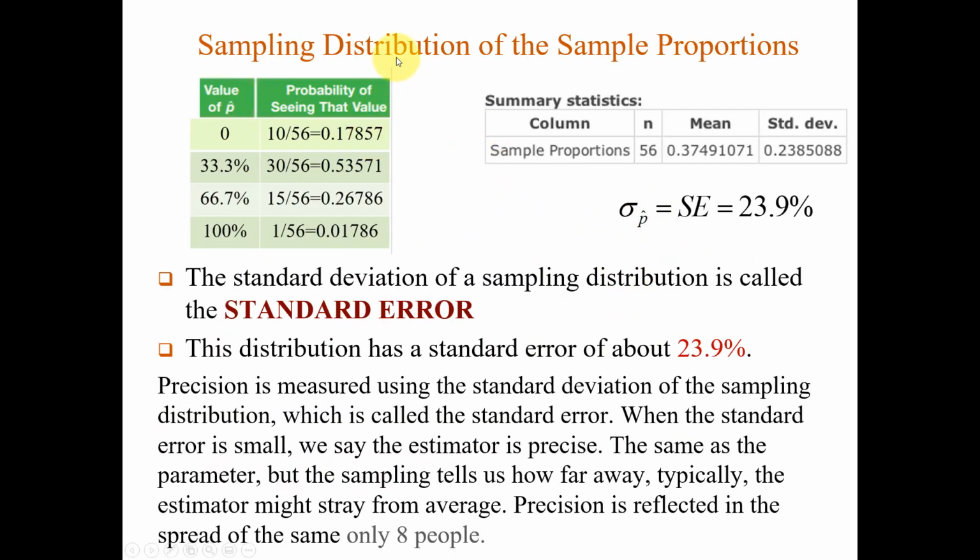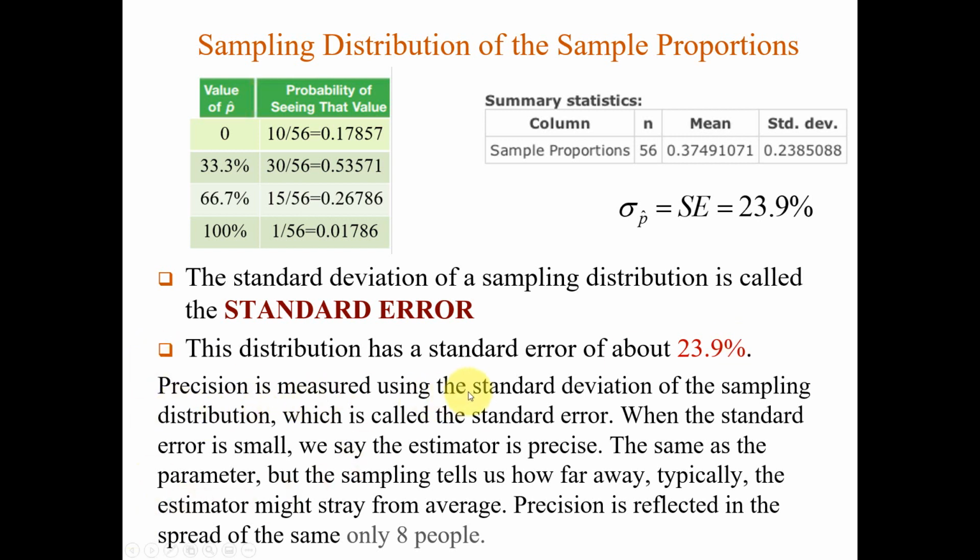Talking about the sampling distribution more, sigma sub P hat equals the standard error, and we get this from the table right here. It's 23.9%. The standard deviation of a sampling distribution is called the standard error, and this one, which we pulled out from the table, is about 23.9%.